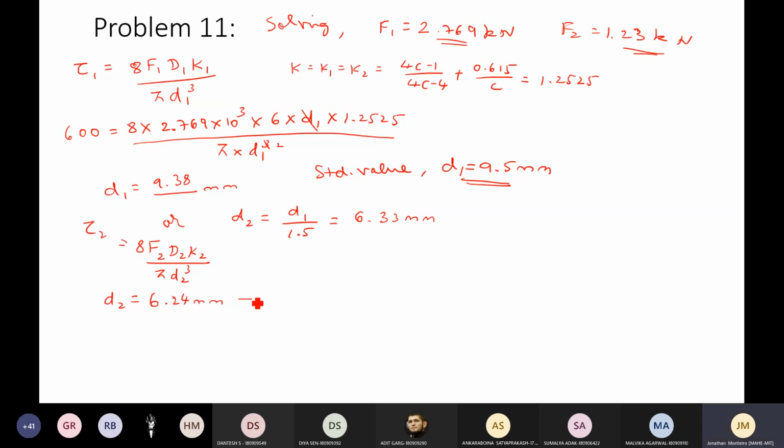With this, the standard value will come out to be 6.3. Okay, very close to what this is, 6.3. Though this was a ratio. But from 6.3, then we might have to take 6.5, right?